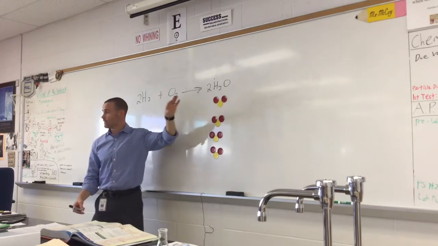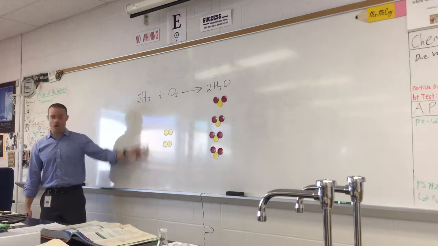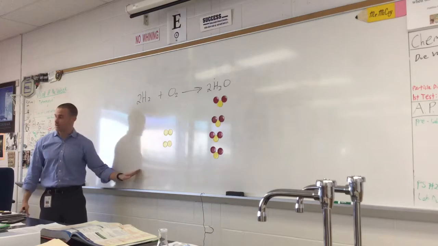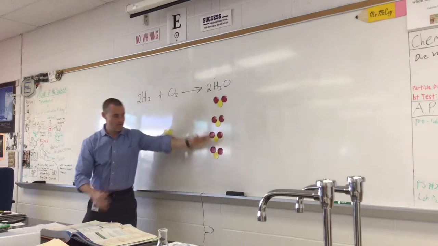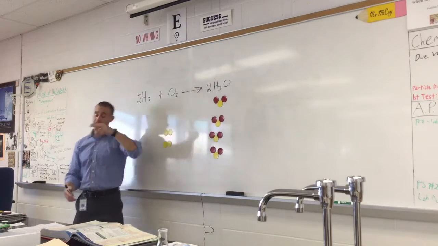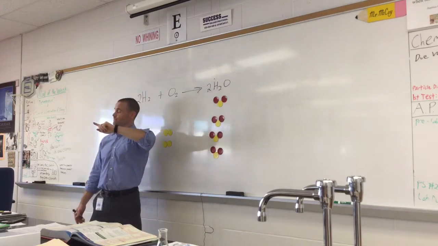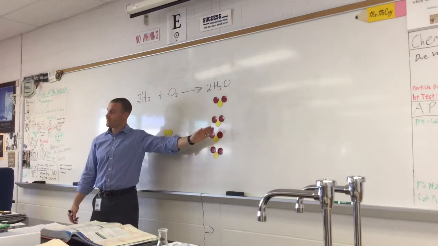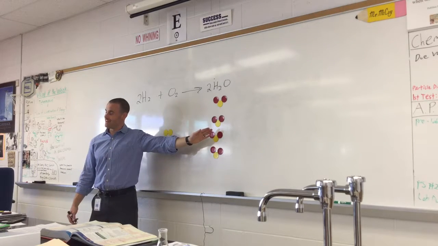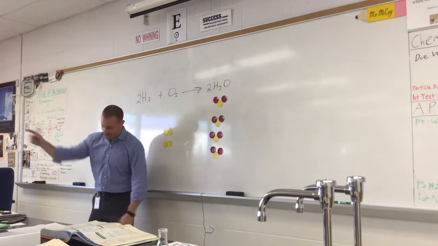Those are your H2s, right? So all the hydrogen's gone. So if I have 100 here, or 1,000 here, or 2 million here, all of these will always be gone because you need 2 H's to make 1 water. So if there's 100 here, how many of these do we make? All of them, 100, very good, 100.